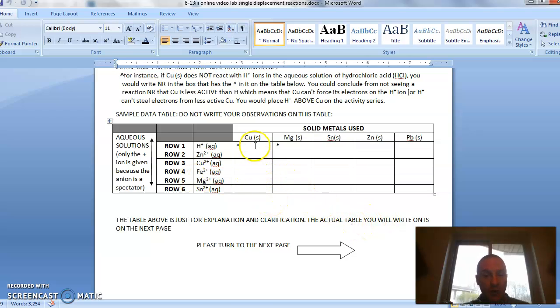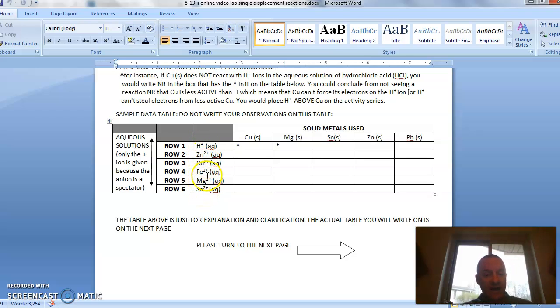In this lab, we're going to be dropping metals. These are the metals that you'll be placing in solution. So all these metals will be placed in a container, and these solutions will be squirted into or on top of the metals, and you'll be looking to see if a reaction happens. If you note, these are the ions listed, the positive ions, the cations listed that are in the solution.